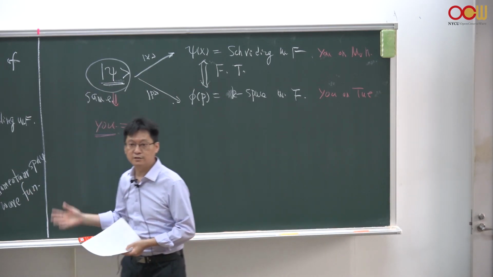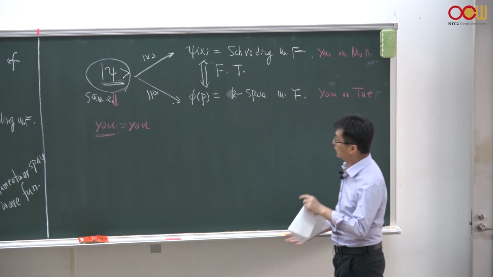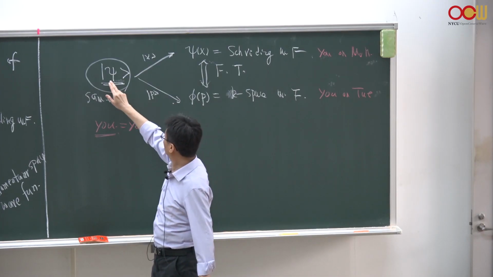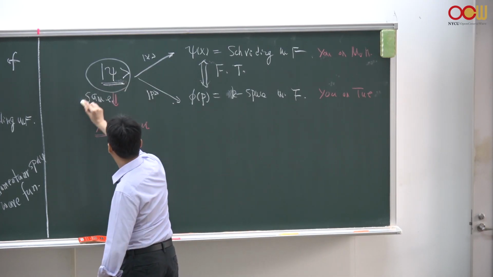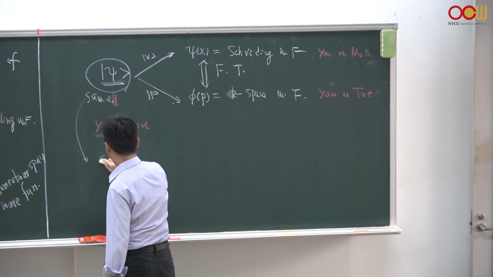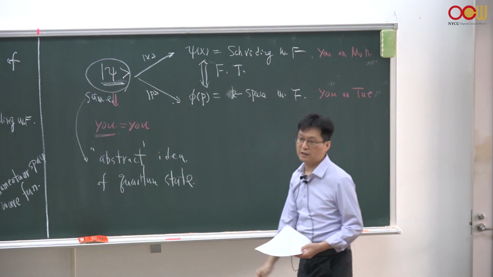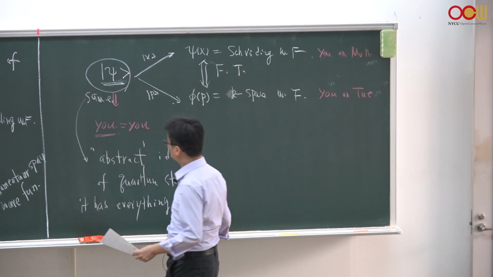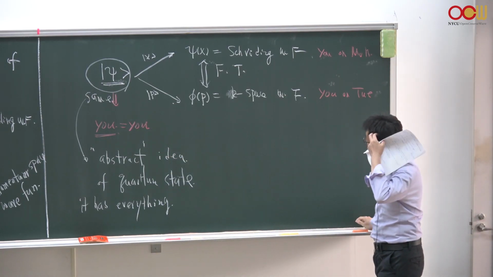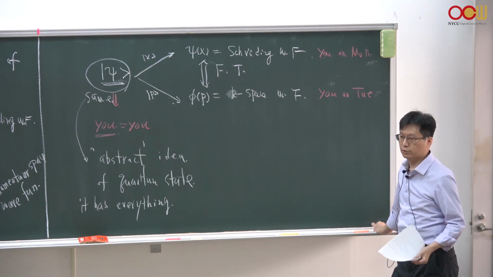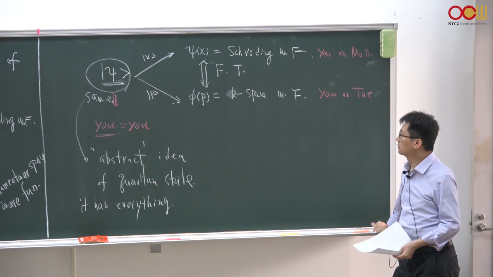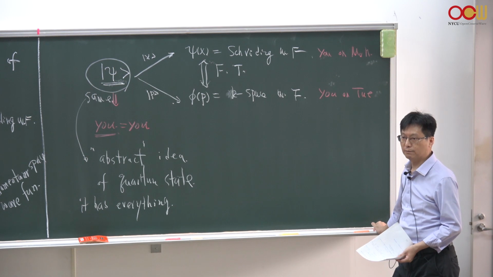Okay, so this brings a very important concept in quantum mechanics, namely a Dirac state is an abstract idea of a quantum state. So it has everything. It can be a Schrödinger wave function. It can be a momentum space wave function, depending on which eigenbasis you want this abstract quantum state to be mapped onto.